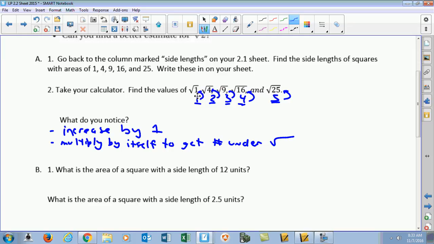Yeah. Whole numbers. They're all whole numbers. All right, we're going to come back to our other sheet here in just a minute.